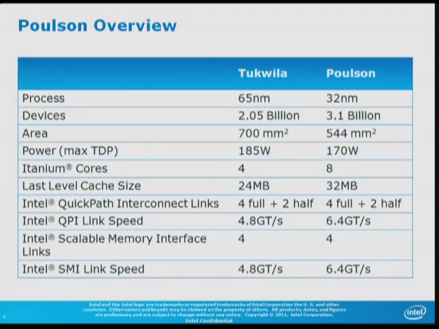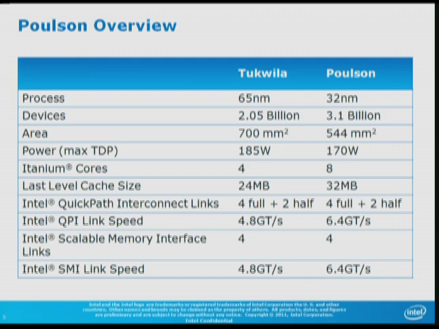So moving on to an overview of the Poulson processor as a whole, this slide compares Poulson to Tukwila. So Poulson is in a 32-nanometer process, as I mentioned, 3.1 billion transistors. So more transistors in a smaller area and actually with a lower power dissipation. It's got 8 cores, as I mentioned.